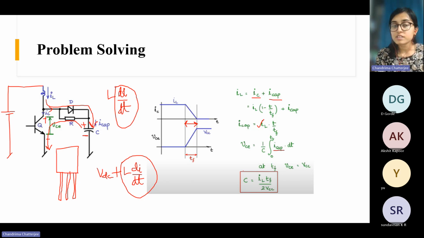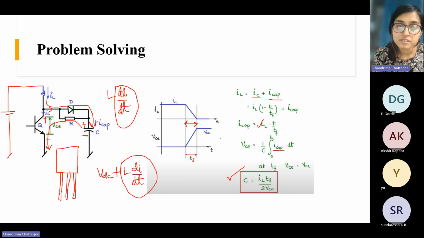So at TF the voltage across the capacitor is the supply voltage. From there you can find what the snubber capacitance value should be. It is IL times TF by 2 VCC. This should be your capacitance value.